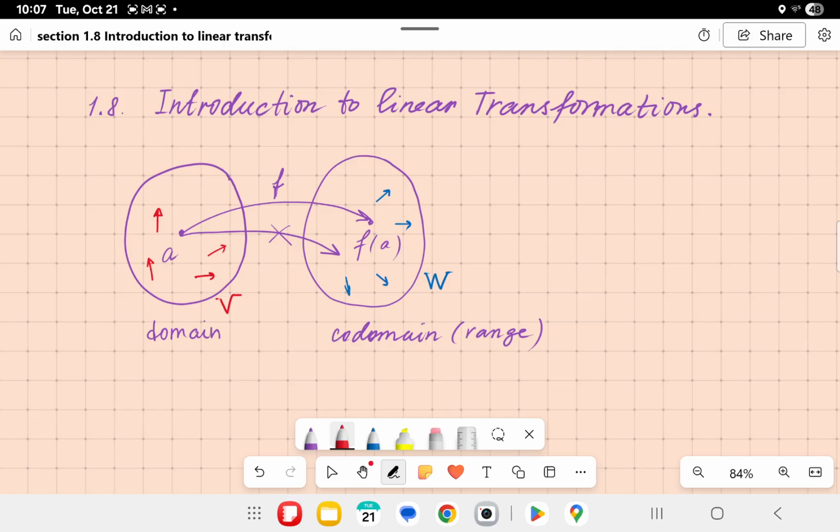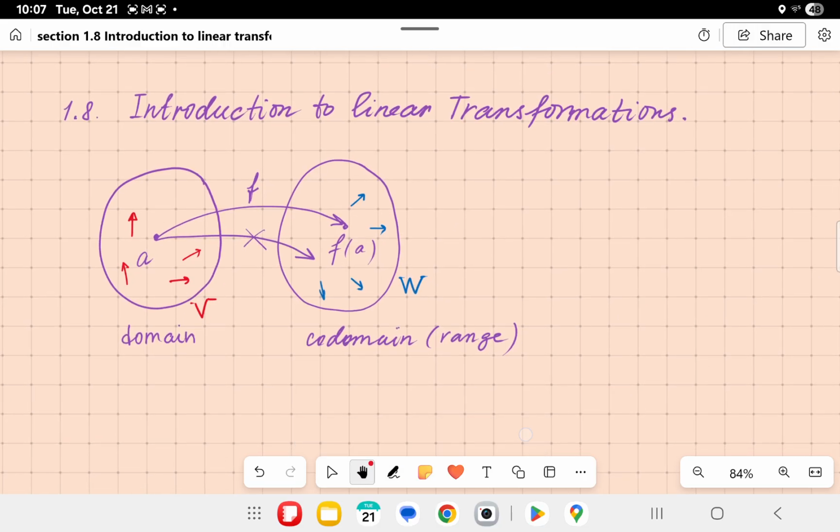So I'm going to write down the definition of transformation over here.